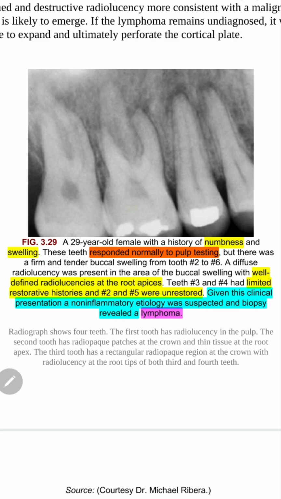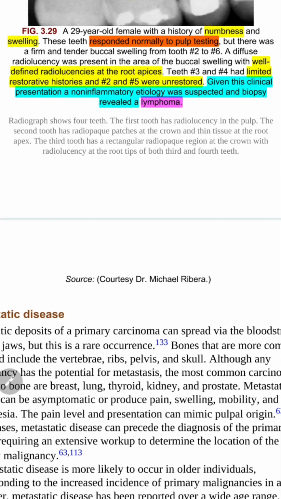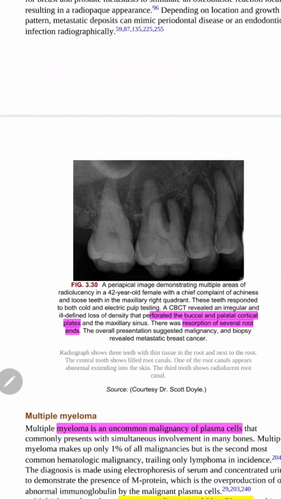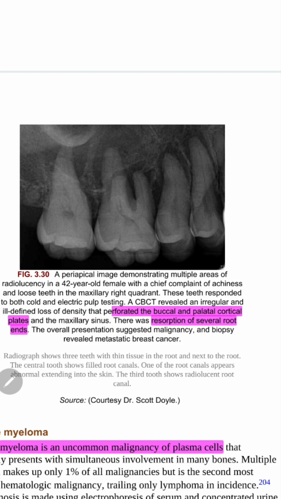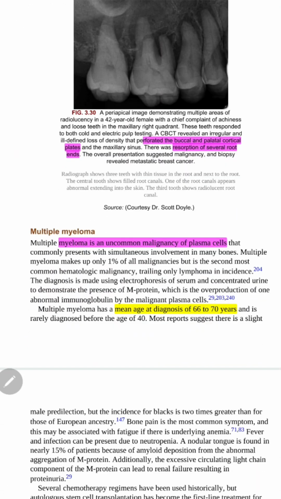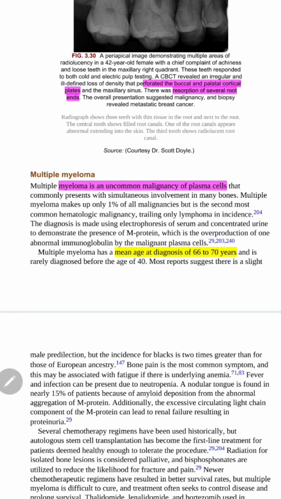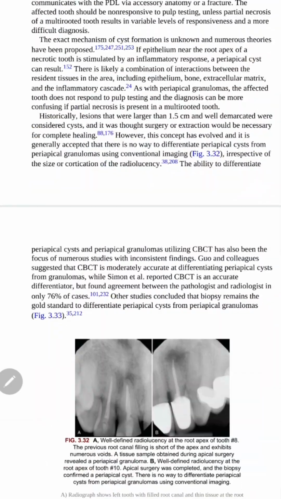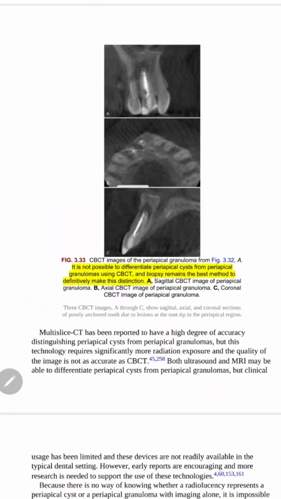So a biopsy revealed that it was, unfortunately, a lymphoma. We can see here the resorption that invasive lesions have, and perforation of the buccal and palatal cortical plates is also a sign that we must take notice of, a sign of aggressiveness.